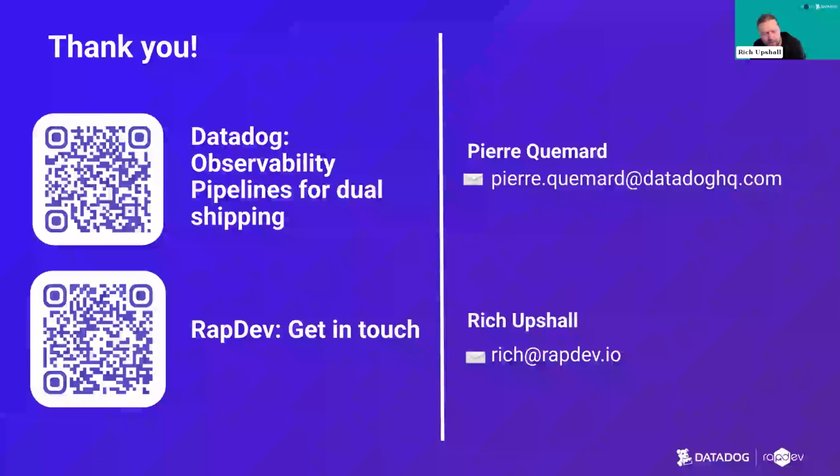The key challenges really come down to, first of all, you've got two ends of the pie. You've got how do you get data into the platform, and then what do you do with it once it's there? So the key challenge is how do you change from a Splunk agent into a Datadog one?